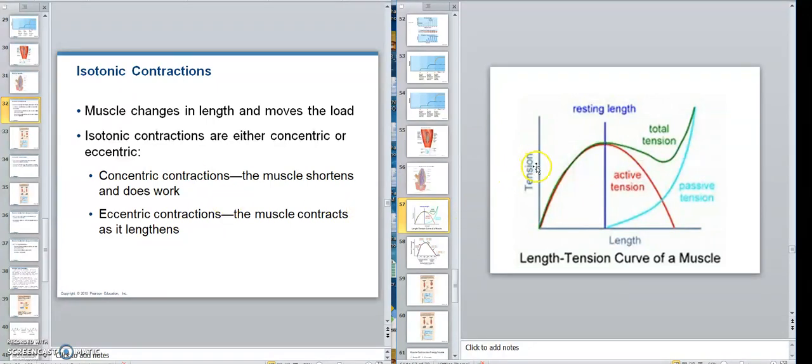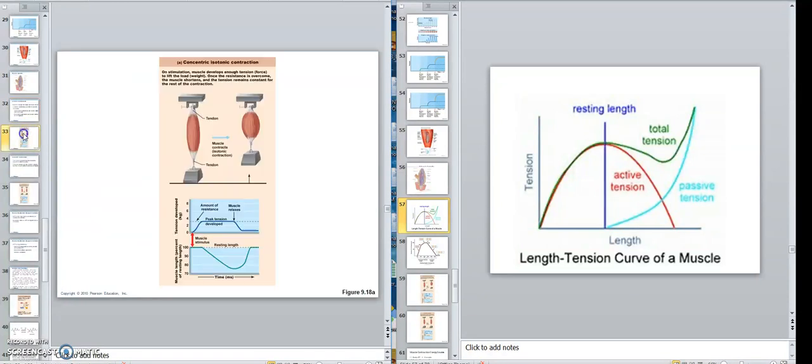But both of them keep the same tension because you're changing the length. So you see right here, this would be where the muscle is contracting, shortening. The length is getting shorter, but the tension is staying the same.